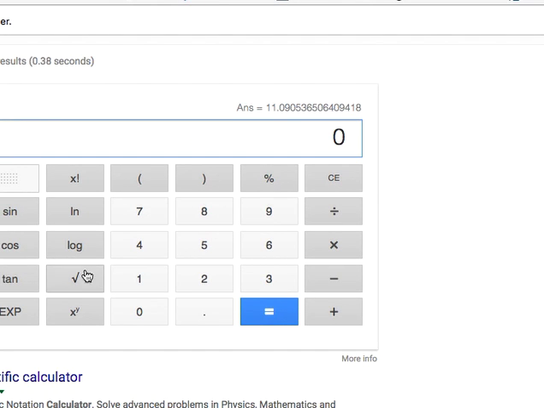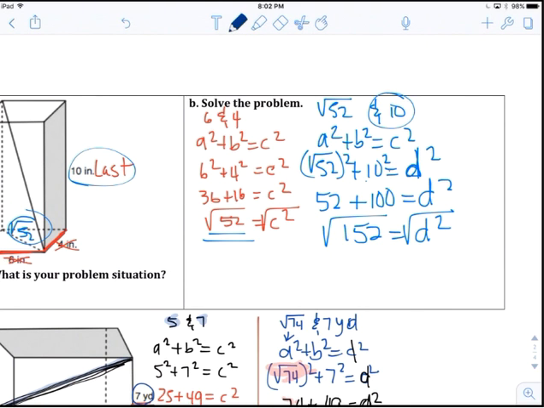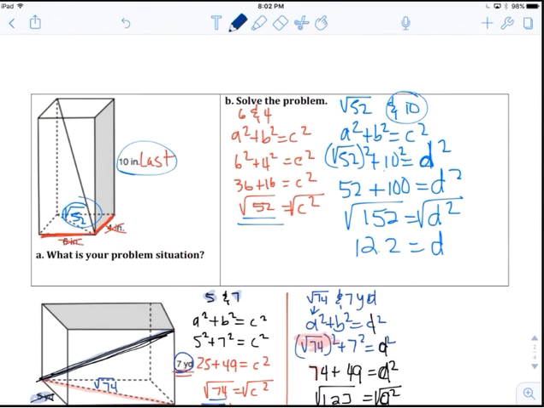The square root of 152 equals 12.3. The 3 stays the same because that's a 2. So it's 12.3 rounded, which gives 12.2 as the three-dimensional diagonal we're looking for.